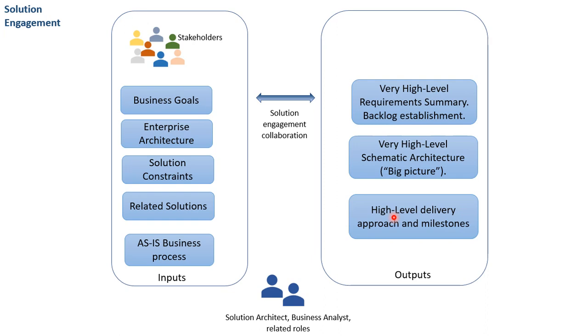Is it going to be via Scrum, or what kind of delivery approach will you take with the various options of Agile, etc.? You don't necessarily have to decide at this point what specific Agile method you're going to use, but it's more the general approach. And importantly, what milestones you need to have some view of, what you're trying to achieve and when you're trying to achieve it.